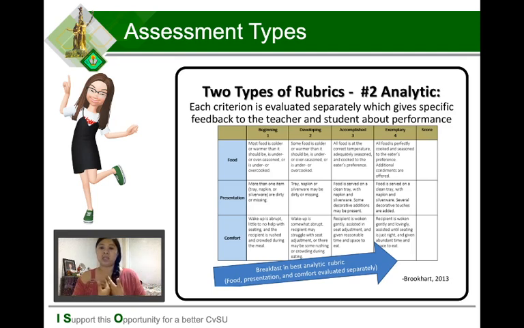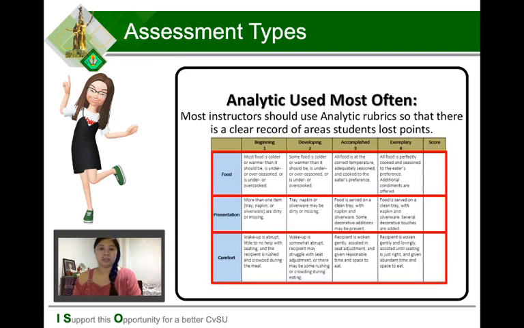So why is it that we do the analytic? So that the students will also know where or which part of the rubrics did they fall short. So saan ba sila bumaba? Saan siya in particular na bumaba? The analytic one is the one which is being used most often.